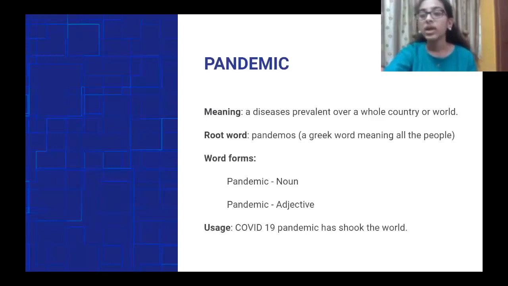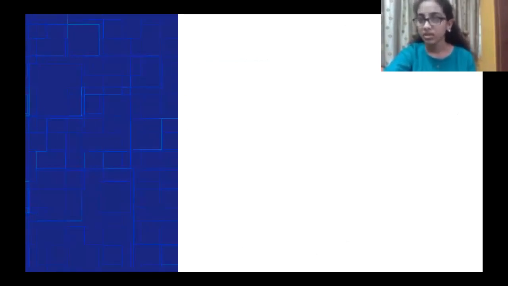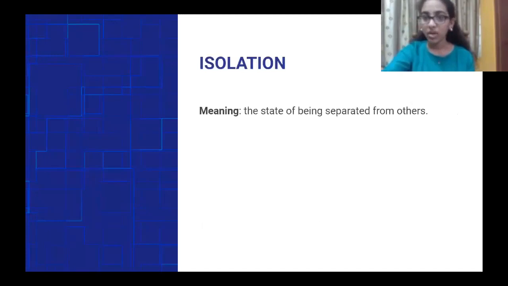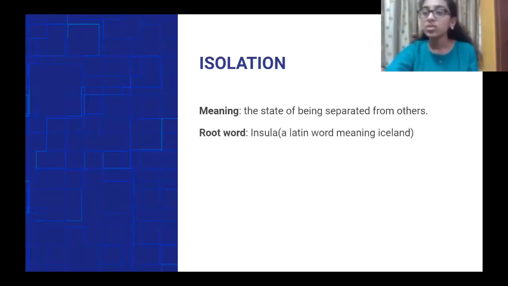The next word is isolation. This word is also heard many times. The meaning of this word is the state of being separated from others. The root word is insula, which is a Latin word meaning island.